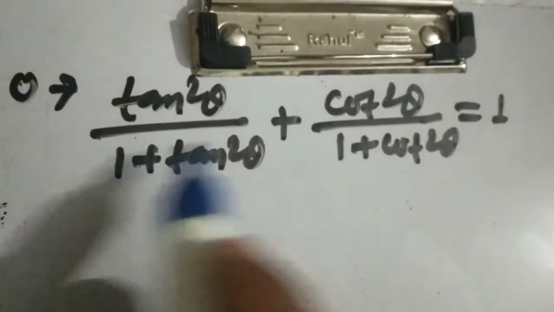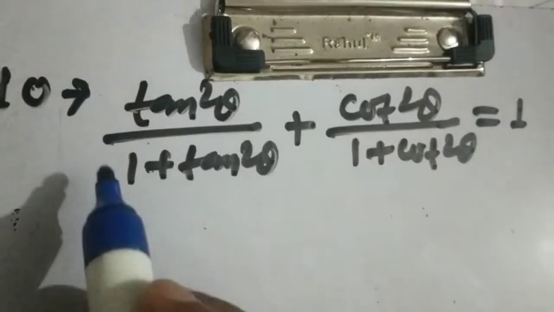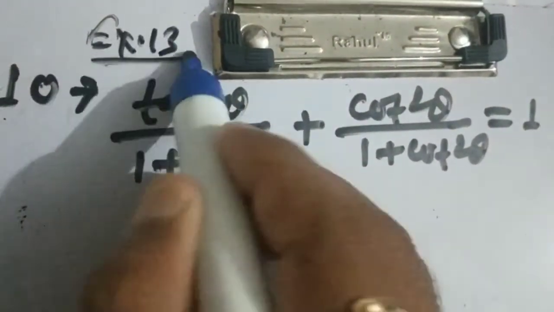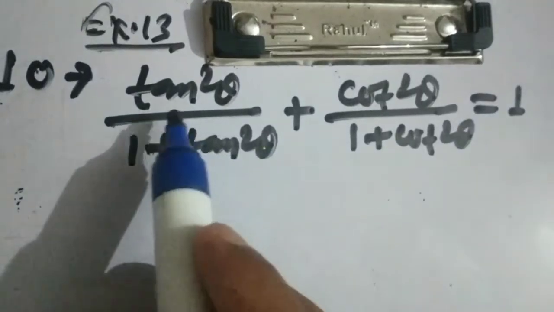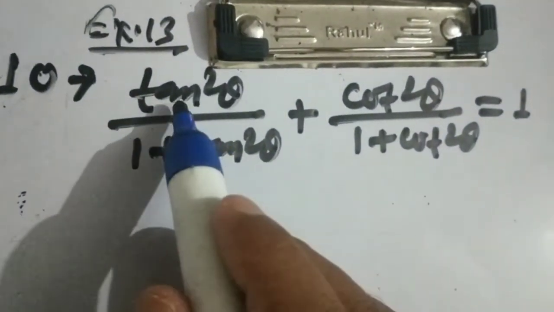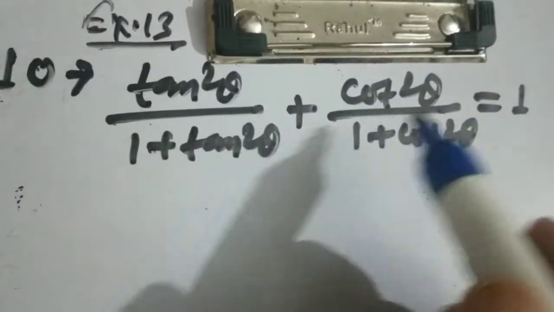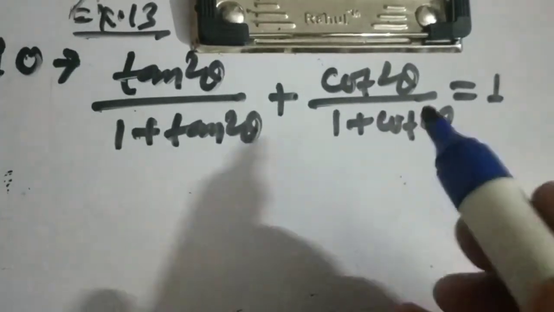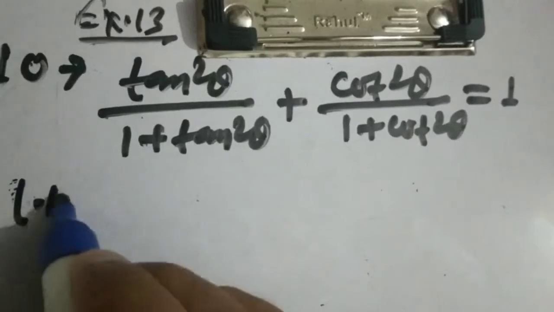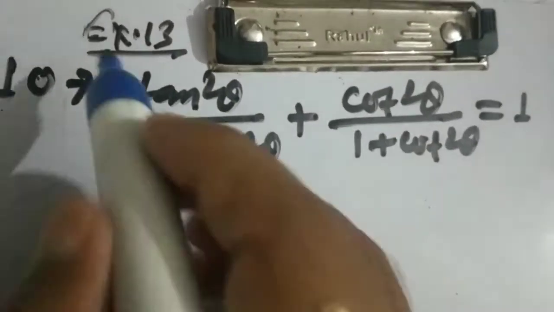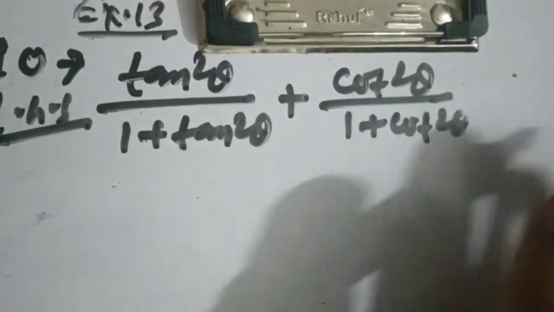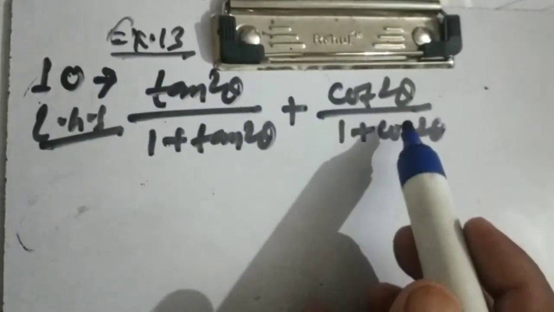Now let us see question number 10 of exercise 13. Exercise 13 is going on. So you have to prove that tan square theta by 1 plus tan square theta plus cot square theta by 1 plus cot square theta is equal to 1. So suppose this is LHS. We have to prove it is equal to 1.